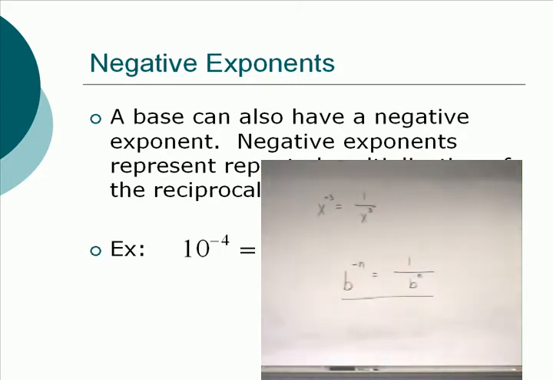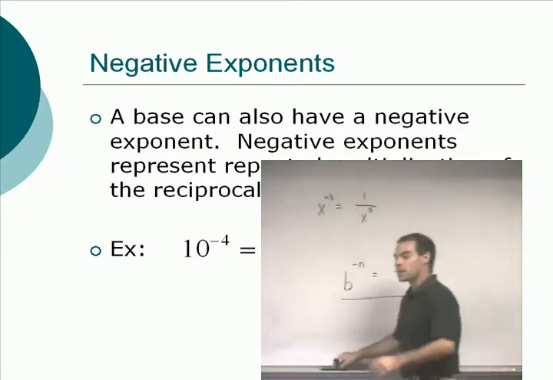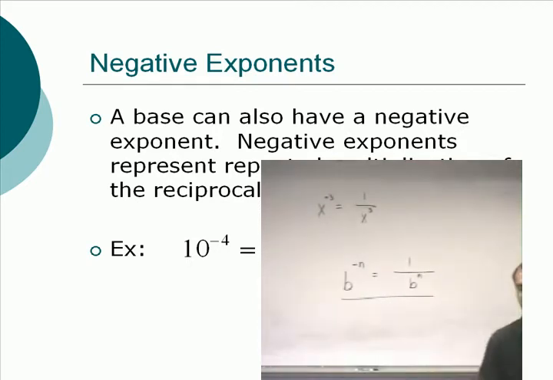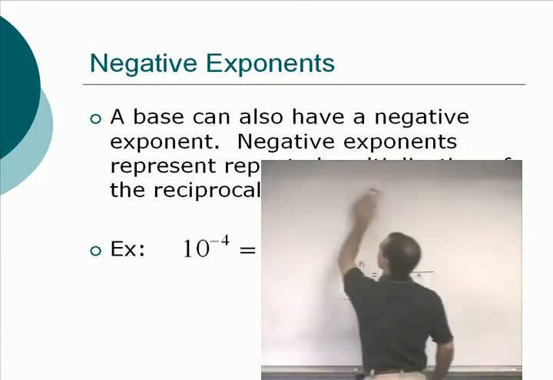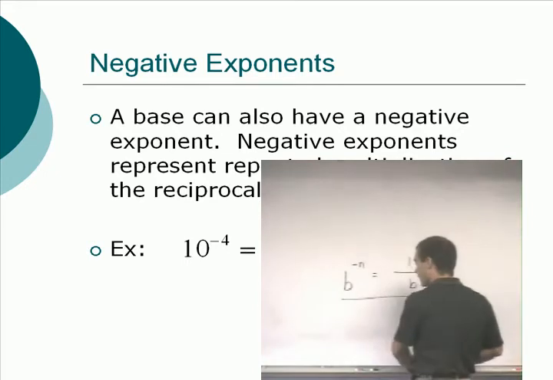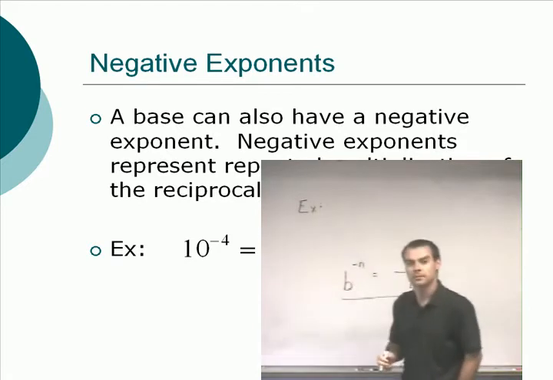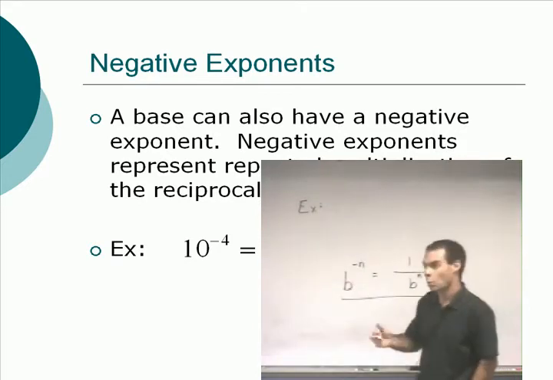Now, this ties in with what we were doing yesterday a little bit in regards to reciprocals. From yesterday, you remember how you take the reciprocal of a number? How do you do it? Put it underneath 1. Well, that gives us a new notation for writing a reciprocal. For example, what's the reciprocal of 5? 1/5.